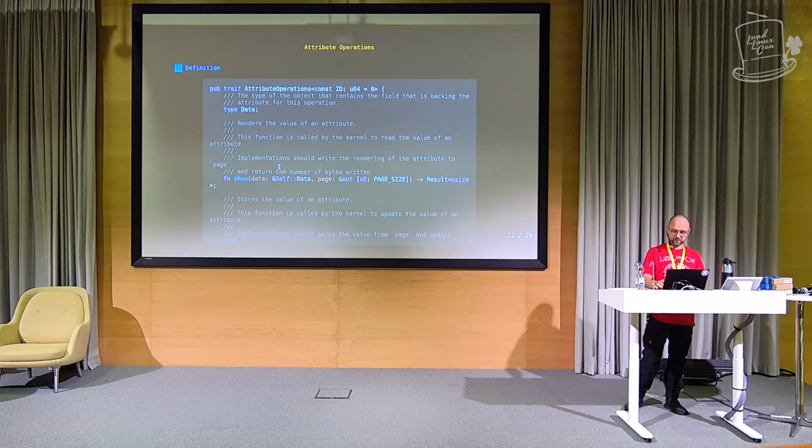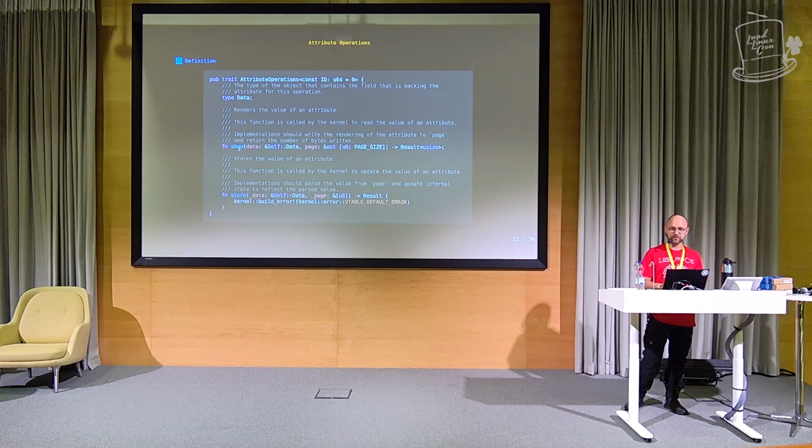So these are store and show, right? And so here we see, in this case, you have to implement store, otherwise you'll get a build error, but you can omit show, I think.